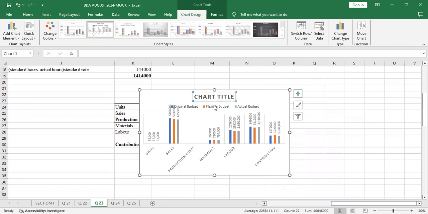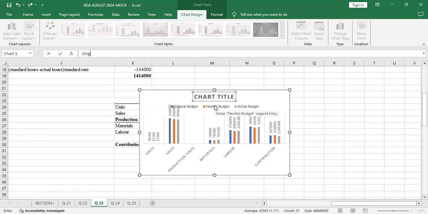For the chart title, you will say original, flexible, and actual budgets.